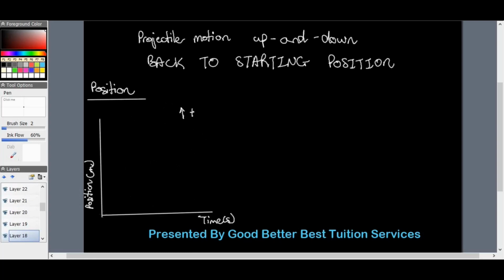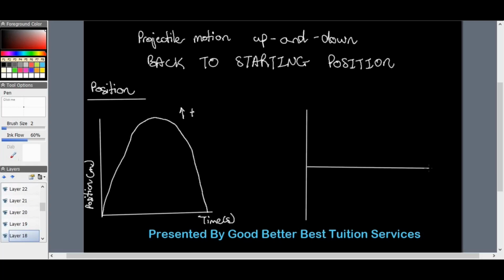It's a simple upward motion, reaches a peak and comes down. The opposite is also true. If downwards is taken as positive, in other words you take the downward motion to be positive, then of course it's going to look like the reverse of that, like that.